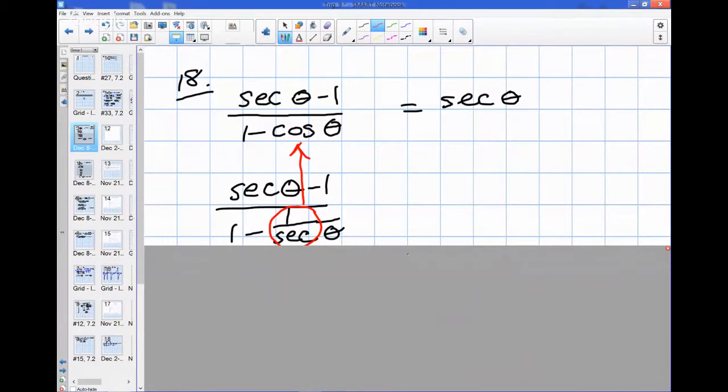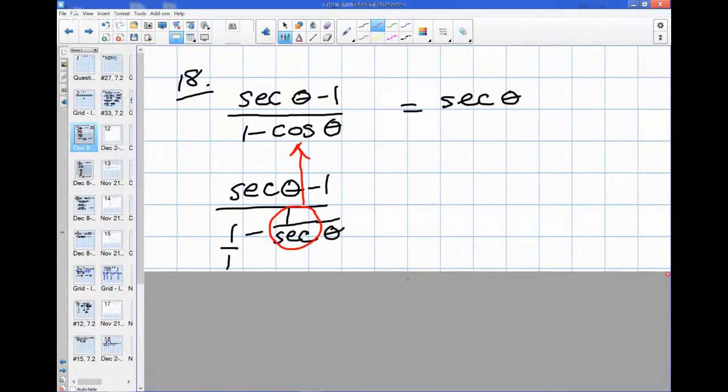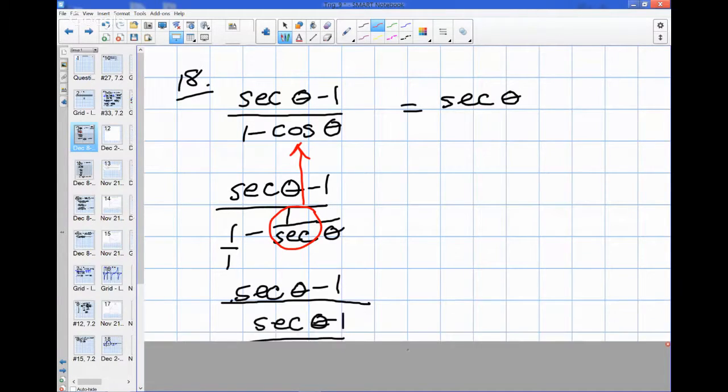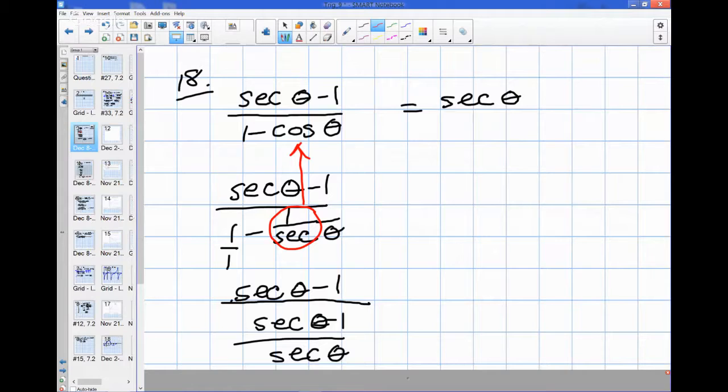And we can still do more with that denominator. 1 minus 1 over secant. Wouldn't it be nice if I could get a common denominator and get that into one fraction on the bottom? And so that's what I do next. I say, well, 1 is the same as 1 over 1, right? And let me explain. So let me go back to blue for my writing again. So I need a common denominator right here to bring these two together.